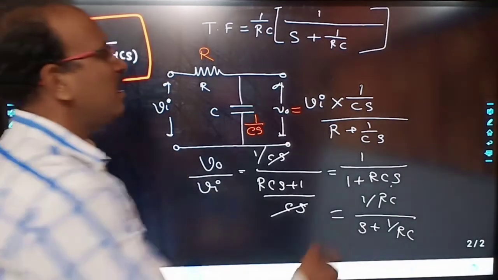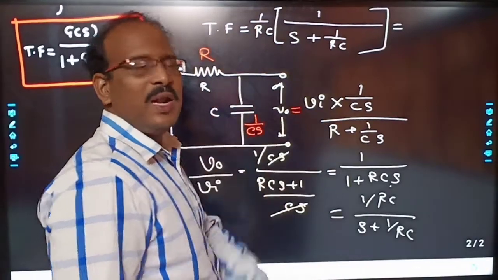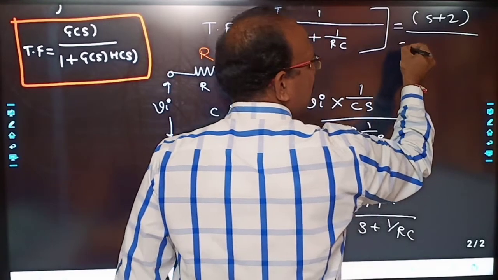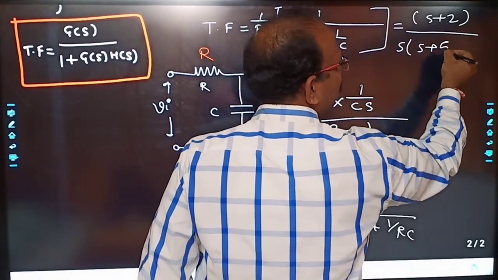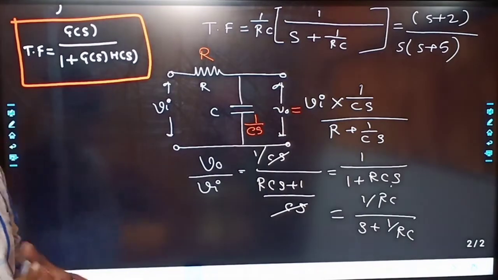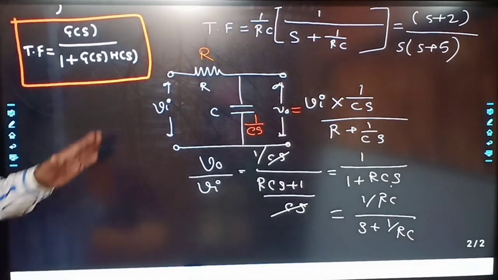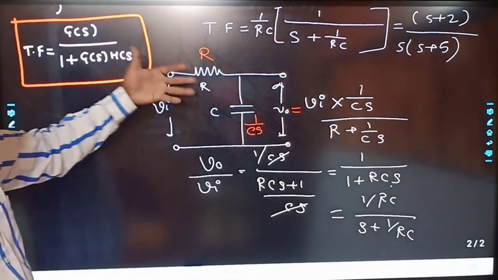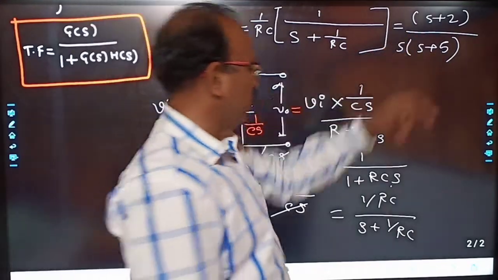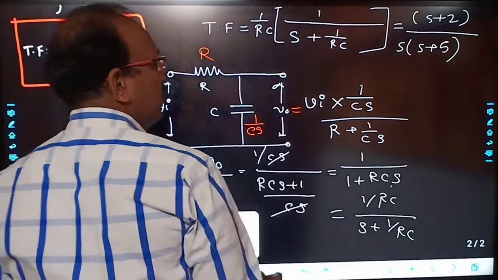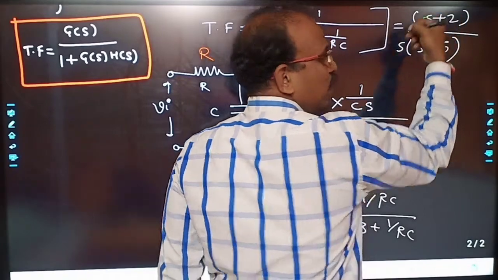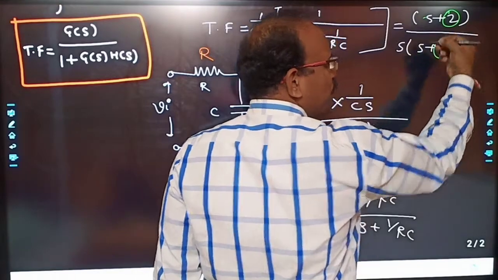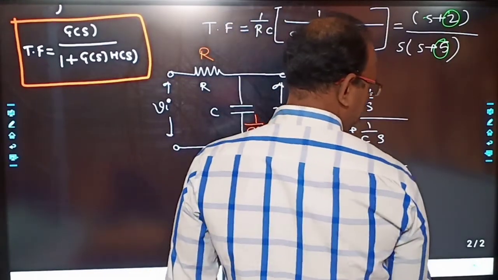Like this, if I consider any parameter, say S plus 2 upon S into S plus 5, whatever transfer function we get in real practice, we get something in terms of S. It is in Laplace, with constants here and here.